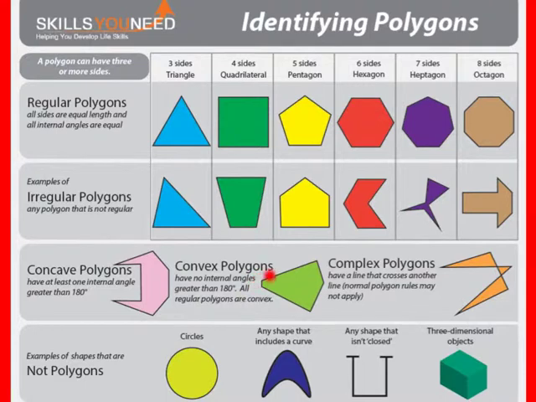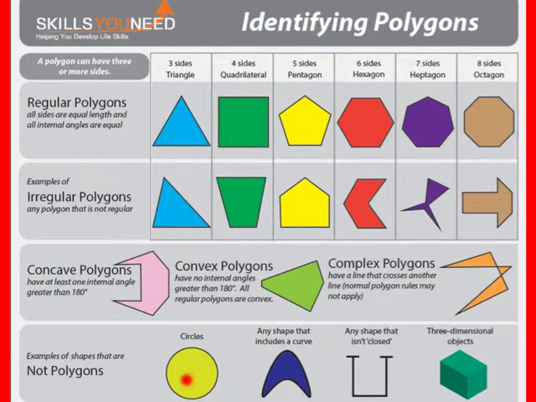And convex is like a convex lens, okay? All of these regular polygons are called convex. They don't have the cave. They don't have any sides that are coming in. Everything's pointing out.